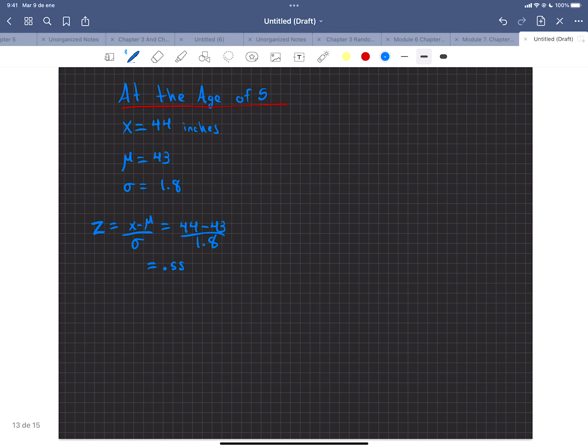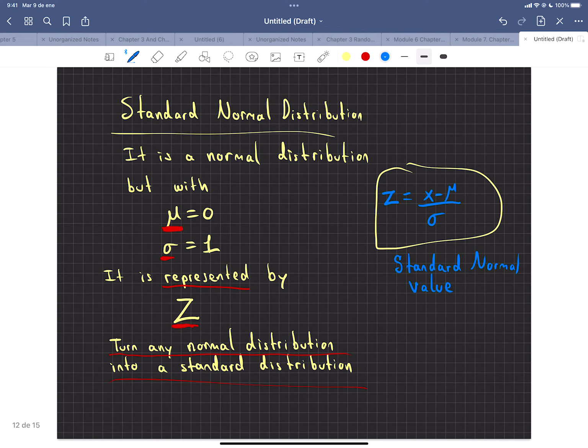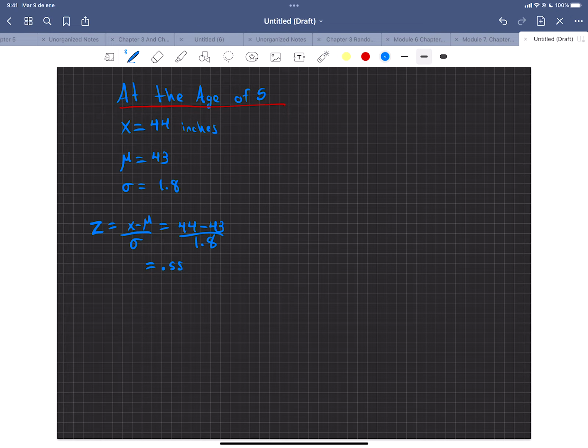How many decimals do we have to use? 3 decimal places, then it's going to be 0.556. This is the first C we need. Now, add the age of 7.